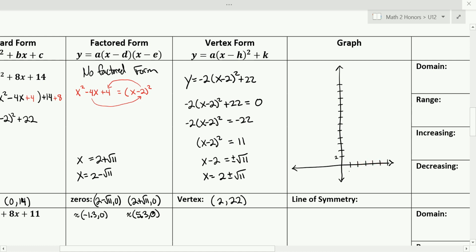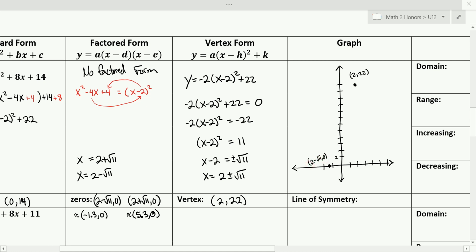So the vertex is at 2, 22. X-intercepts at negative 1.3. So that's between negative 1 and negative 2. There. And that's my 2 minus root 11, 0.